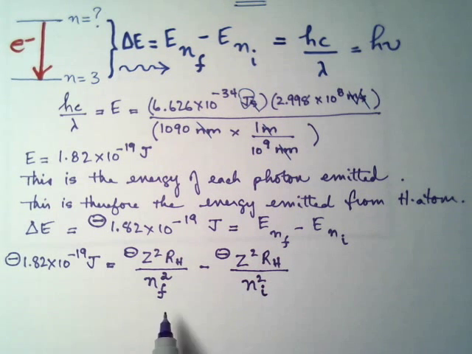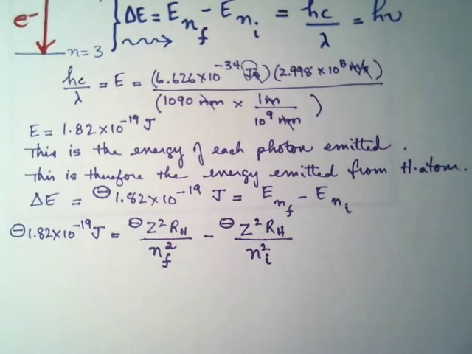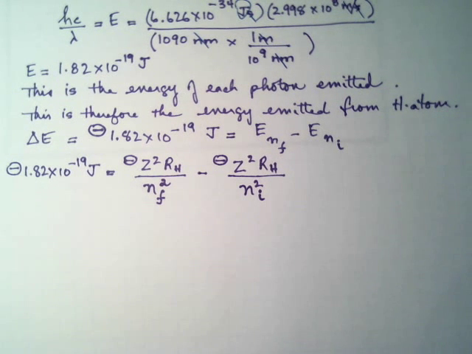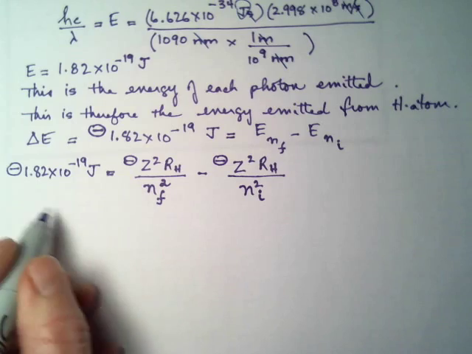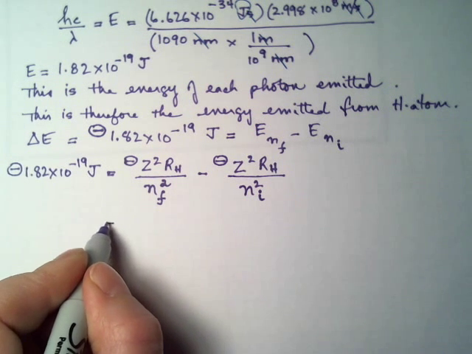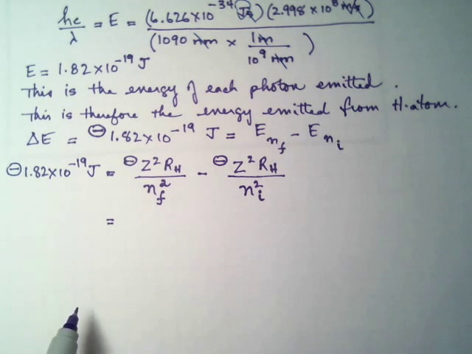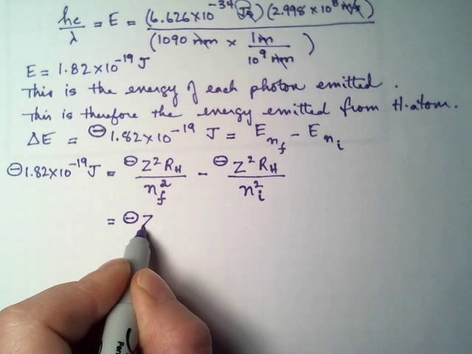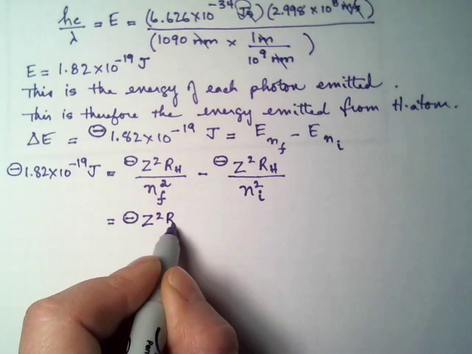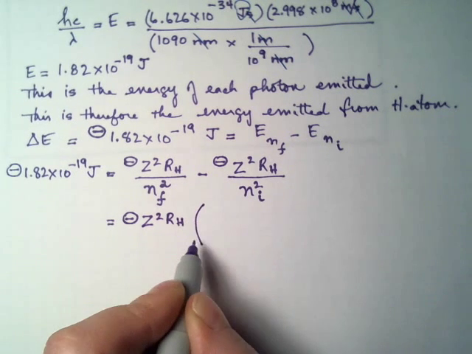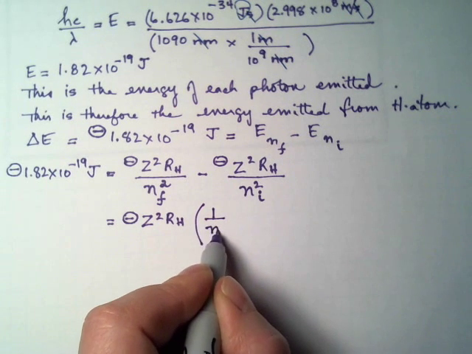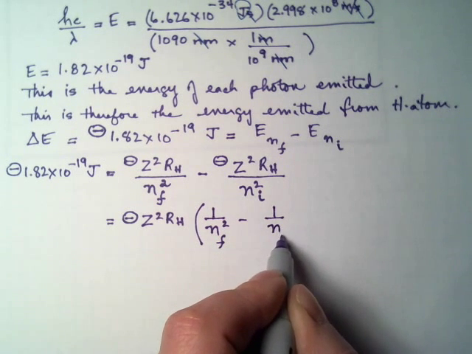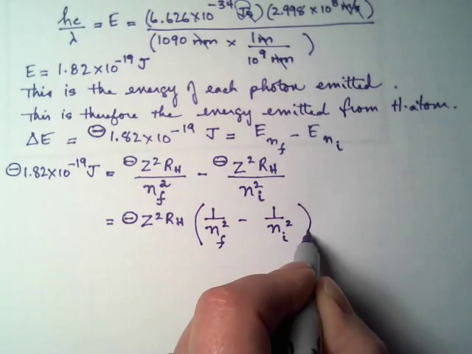So change is always final minus initial. We keep that convention throughout in chemistry and most likely in physics. Then my left side is going to stay the same. But what I am going to do is factor out my minus Z squared R_H and then say that is 1 over n final squared minus 1 over n initial squared.